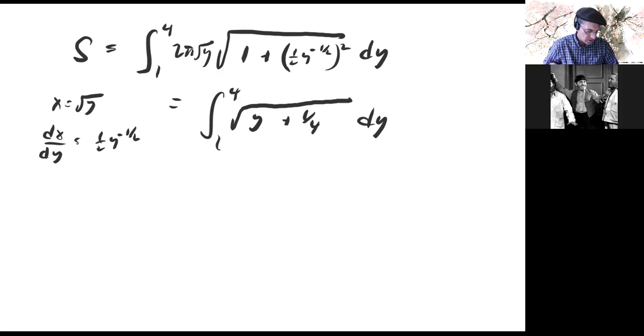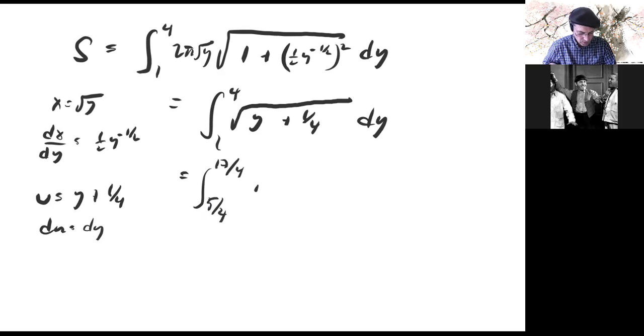Okay, so then we'll do a u substitution. U is y plus 1/4. Du is dy, to give me the integral from 1 to 4. Nope, it's not 1 to 4 anymore. It's something else. It's 5/4 to 4 1/4, which is 17/4. U to the 1/2 du, which is 2/3 u to the 3/2 from 5/4 to 17/4. And I forgot the 2 pi.